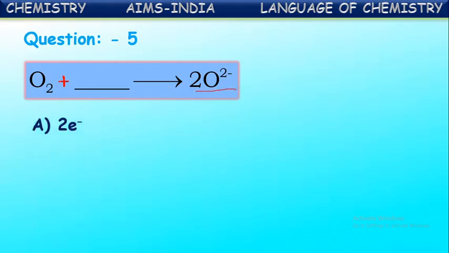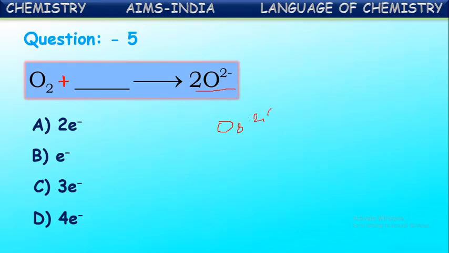Is it 2, 1, 3 or 4? If you see oxygen, atomic number 8 and its configuration 2, 6.